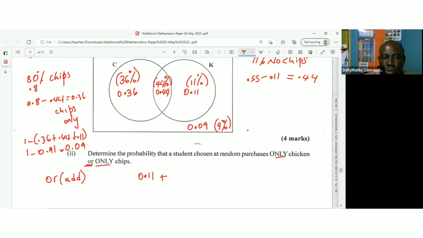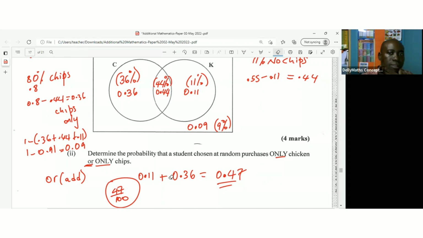And I'm going to be adding that to only chips, which would have been 0.36. And I'm getting 0.47, which is the same thing as 47%. But remember, it's a probability, so we could leave it at that, or we could say 47 over 100. So we could use the decimal, or we could use the fraction there. So that would have been the response for that.